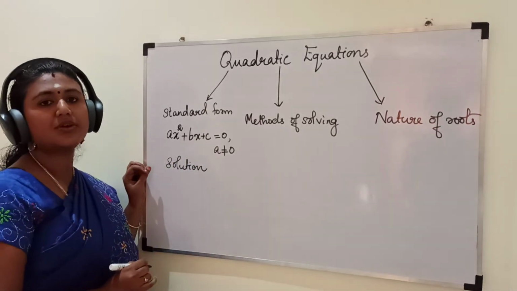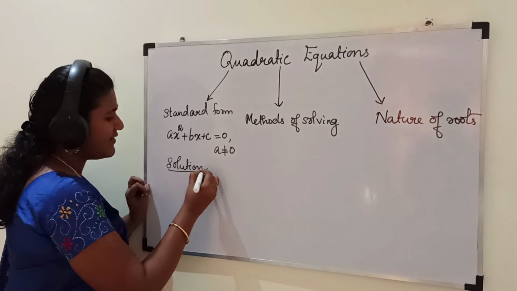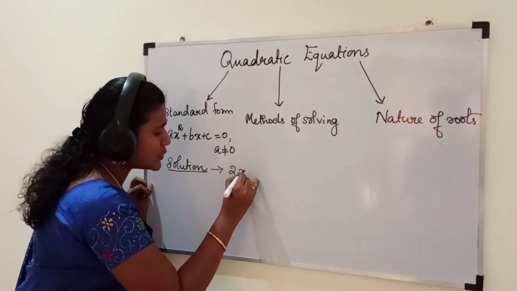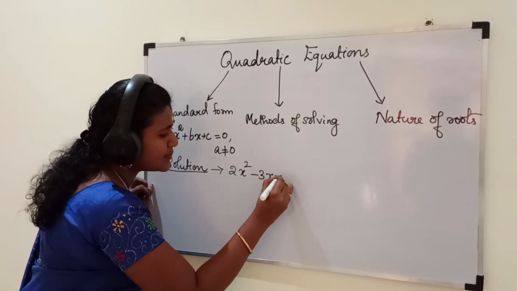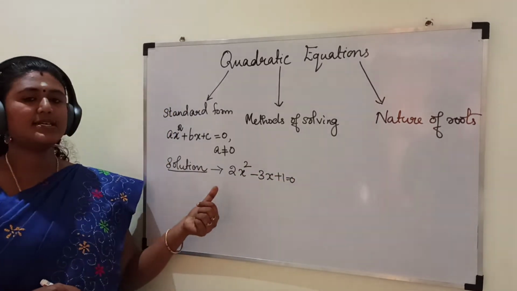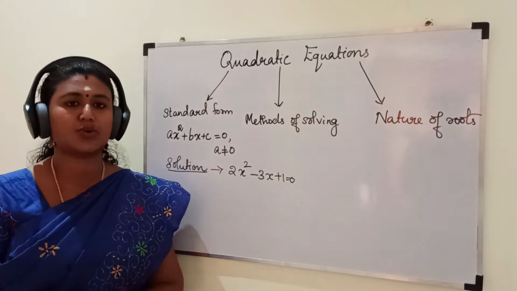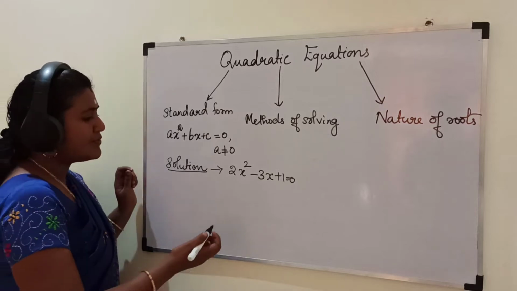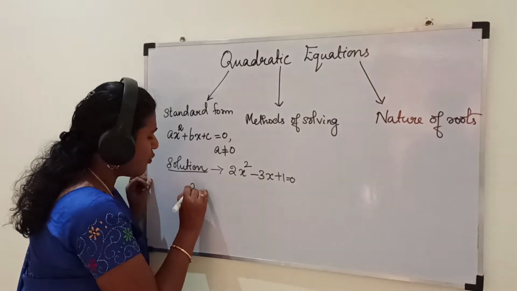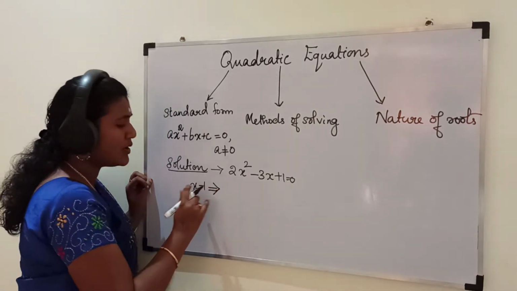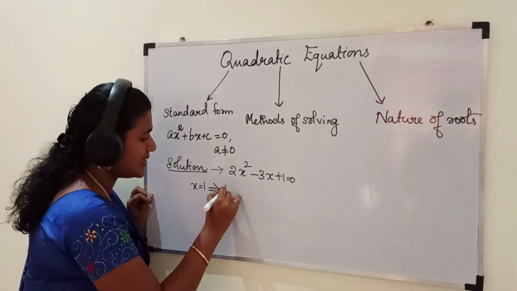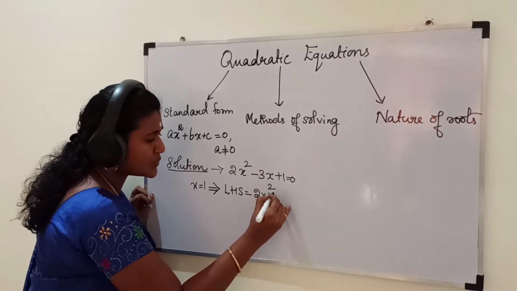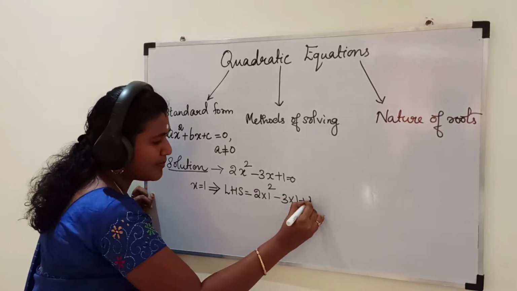What is the solution of a quadratic equation? For that, first we will consider a quadratic equation 2x square minus 3x plus 1 equal to 0. If you substitute x equal to 1 in this quadratic equation, then we will get the LHS is equal to 2 into 1 square minus 3 into 1 plus 1.